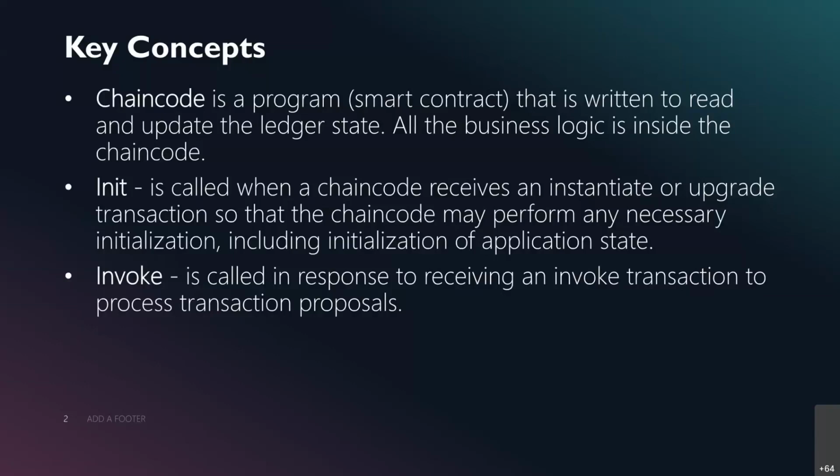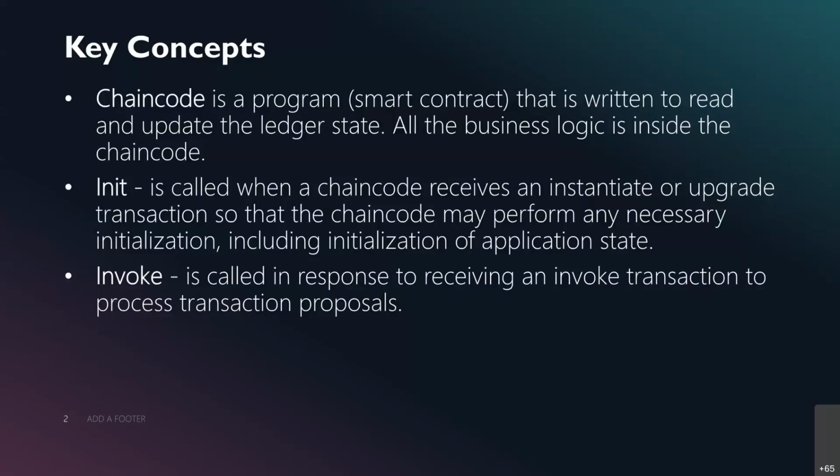We'll come to that. So, what is the basic structure of the chain code? You have decided to write a chain code, and how would it look? The first thing you have to have is the init function. Even if init is an empty function, you have to have it. It is the standard. Init is called when a chain code receives an instantiate or upgrade transaction.